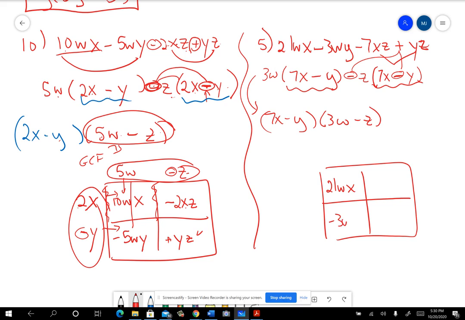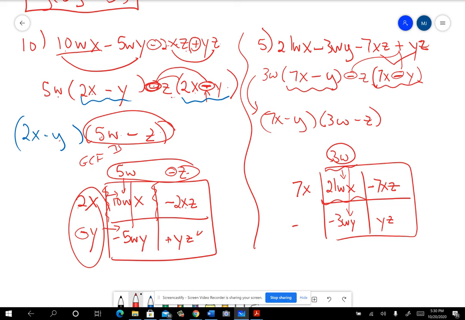21WX minus 3WY minus 7XZ and then YZ. So now when I look at it, 3W is common to this and to this spot and this spot. So pull out the greatest common factor, which is 3W. Then you'd have 7 and X left there.